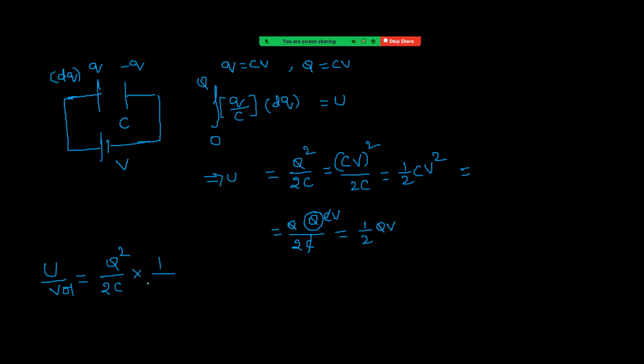Volume, if the area of the plates is A and the separation is D, that is the volume, right? Then see what we get. Q square by 2, in the place of C, epsilon naught A by D, right? See carefully, into 1 by AD.